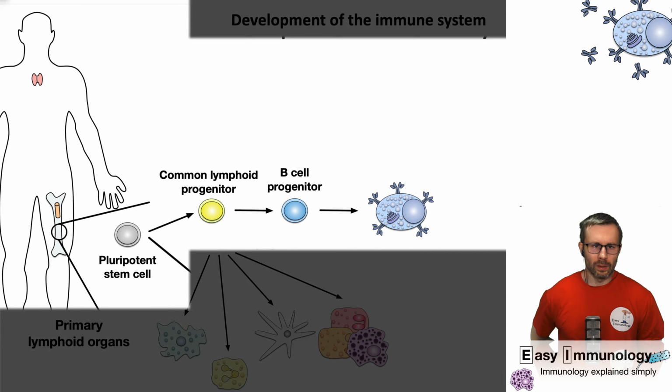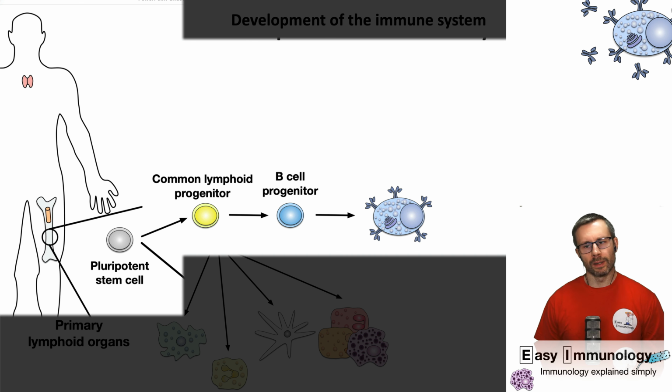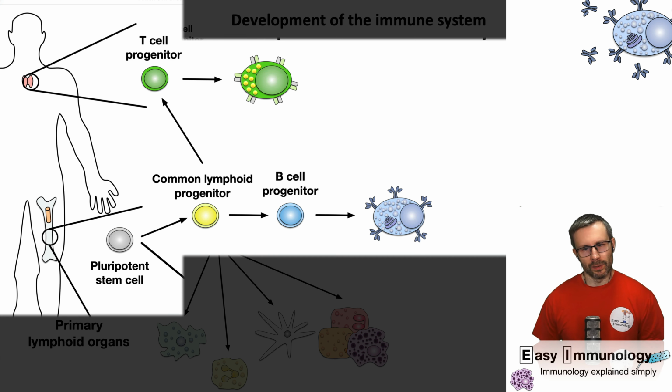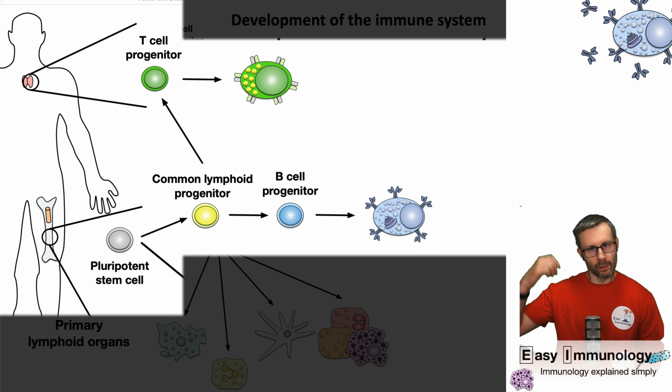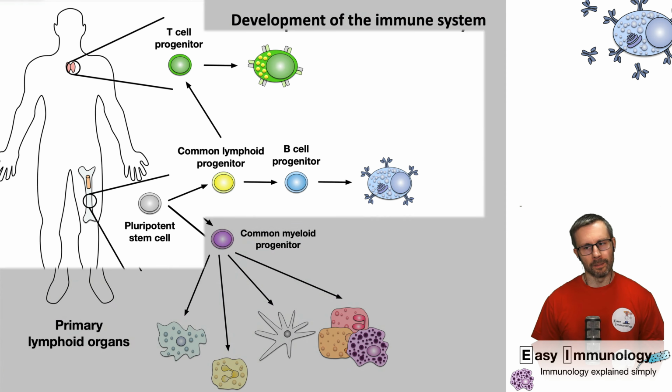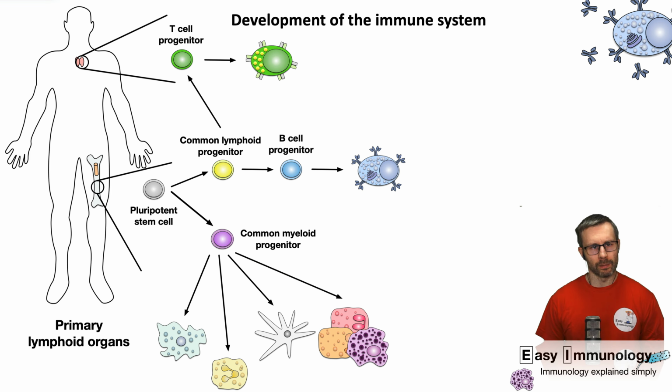In the bone marrow, the common lymphoid progenitor also develops into a B cell progenitor that then gives rise to a B cell. And the common lymphoid progenitor also wanders from the bone marrow to the thymus, fascinatingly, and there turns into a T cell progenitor that then develops into a T cell. These are very complex processes that are not completely understood.